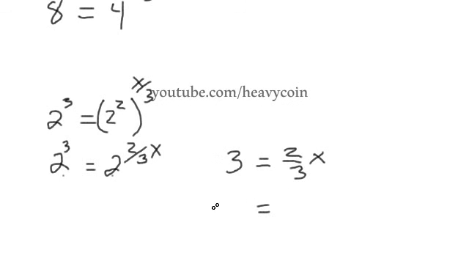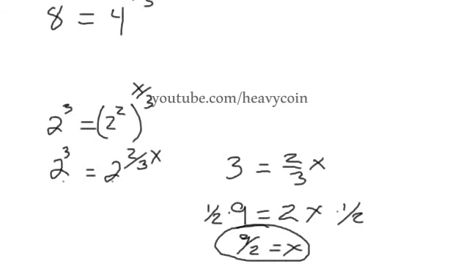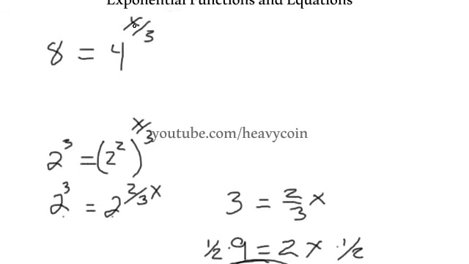Multiplying both sides by 3, you get 9 equals 2x, then multiplying both sides by a half, and we end up with 9 halves is equal to x. So there we have solved for x, and what you can do is go ahead and test that out. Take that and plug it in to right here, and you should see that this side should equal 8.